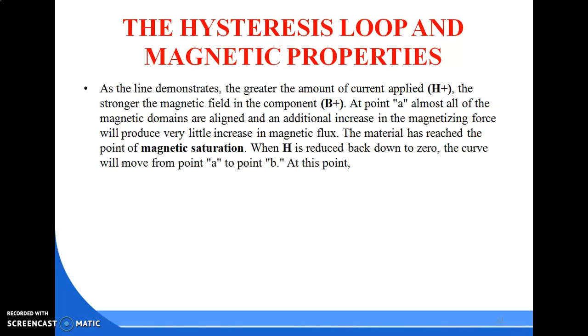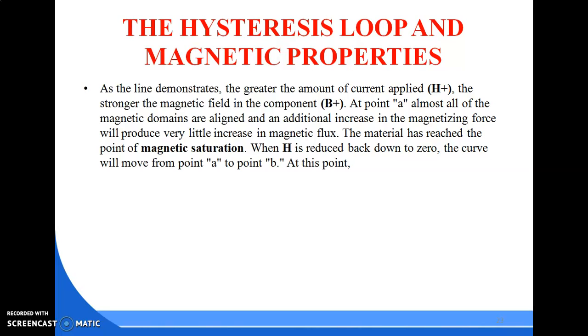The line demonstrates that the greater the amount of current applied, H plus, the stronger the magnetic field in the component, B plus. At point A, almost all of the magnetic domains are aligned, and an additional increase in the magnetizing force will produce very little increase in magnetic flux. The material has reached the point of magnetic saturation.